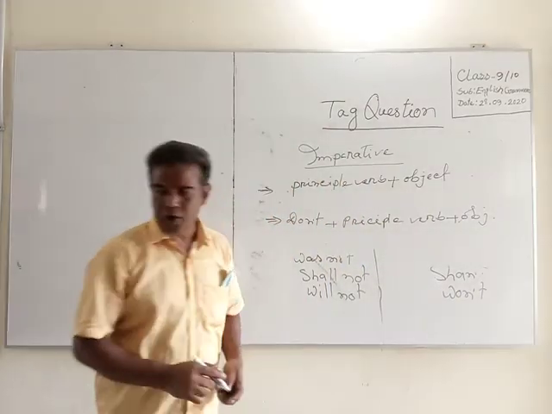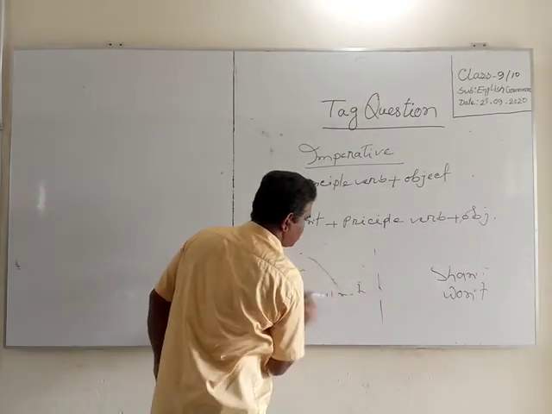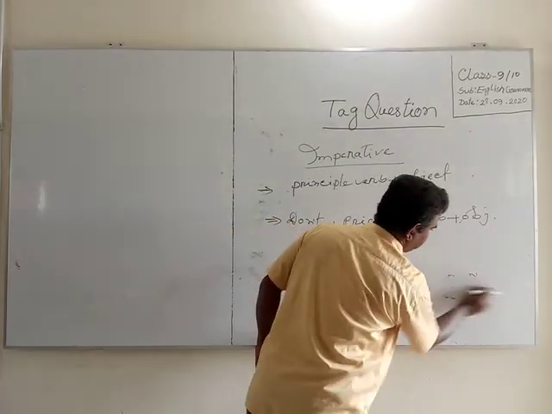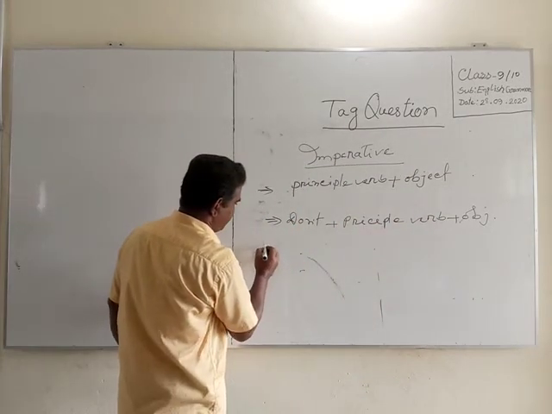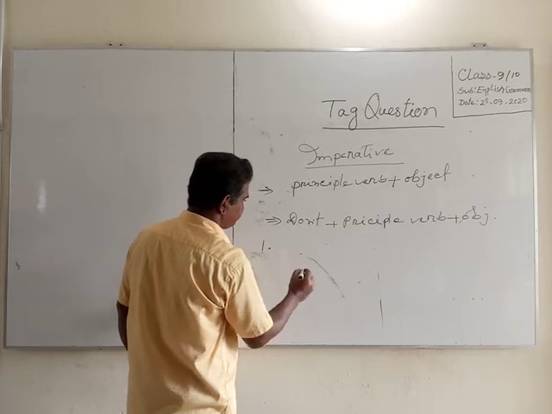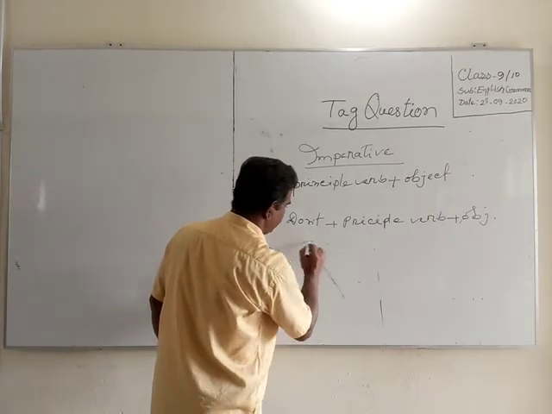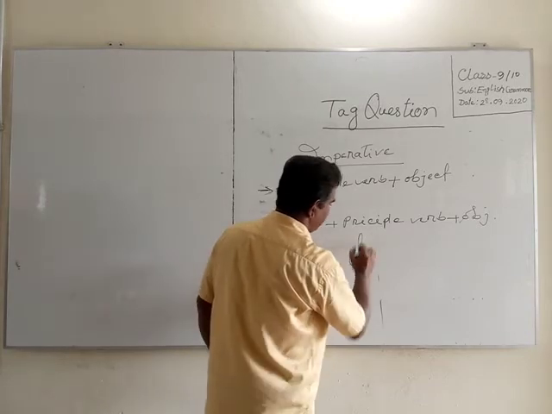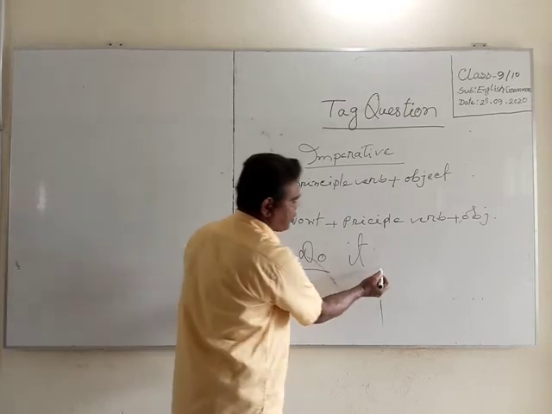Here I show two examples of these two structures. Number one, do it. Here do is the principal verb and it is the object.